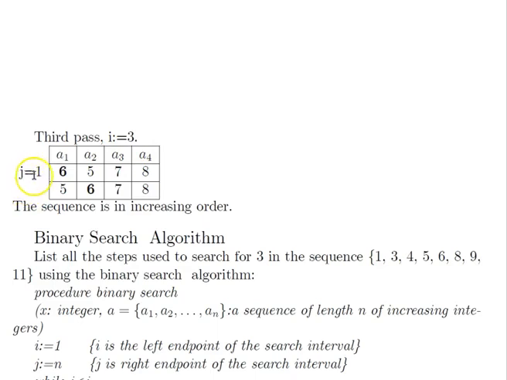So the inner loop is executed only for j equals 1. Is A1 bigger than A2? It is true, so they are swapped. And all 3 loops are executed, and the sequence is in increasing order.